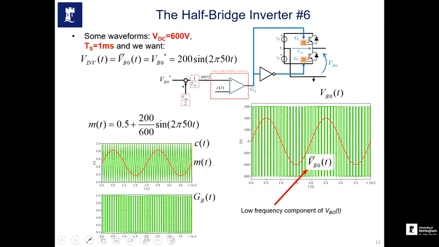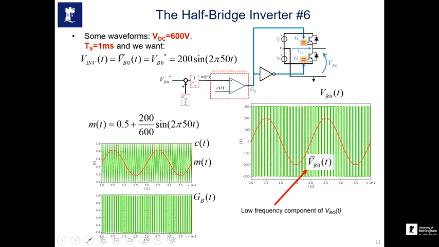So whatever voltage you have in here, you divide it with the DC link voltage, which is 600 volt, and the second term is half, which is 0.5. So by using the formula, we can get an expression of MT. To achieve 200 sine of 2 pi 50t, we need to use this function as our modulation signal, which you can see in here.